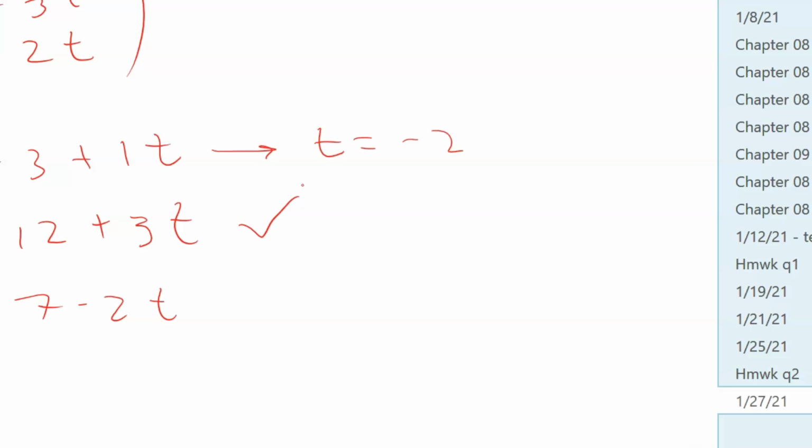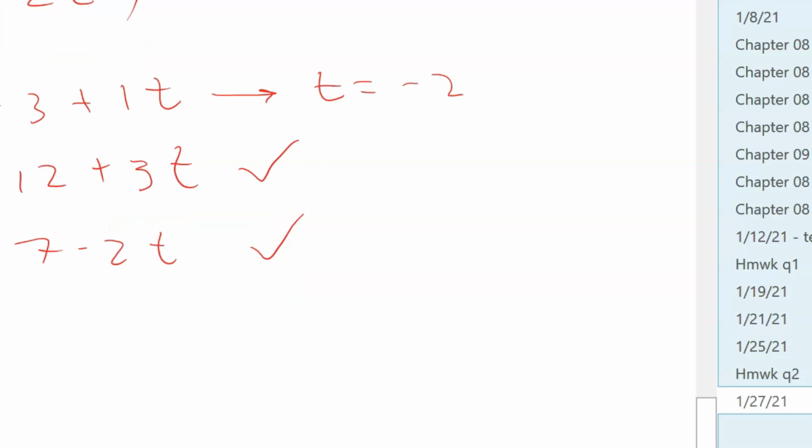And 7 minus 2 times -2 is 7 plus 4, which is 11. So it satisfies the second equation. So the answer is yes, that point does lie on that line. If it wasn't the case, when you tried to plug that answer for t back into the other places, you would have had at least one of the components that wouldn't have been equal.